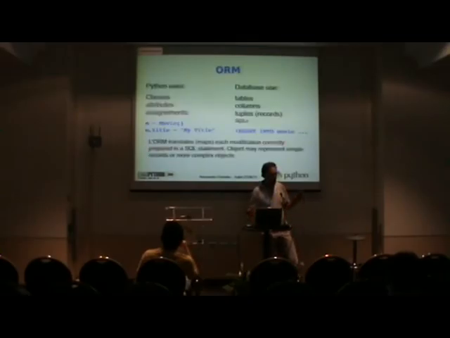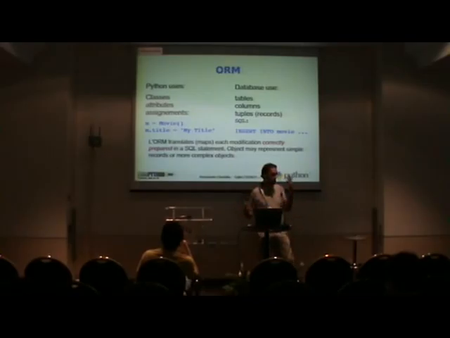So, you know that Python uses classes, attributes, and assignments, so that if you have an object that is a movie, you can write m equal movie, m.title equal whatever you want. On the other side, databases use tables, columns, tuples, and SQL to write something, so insert into movies.